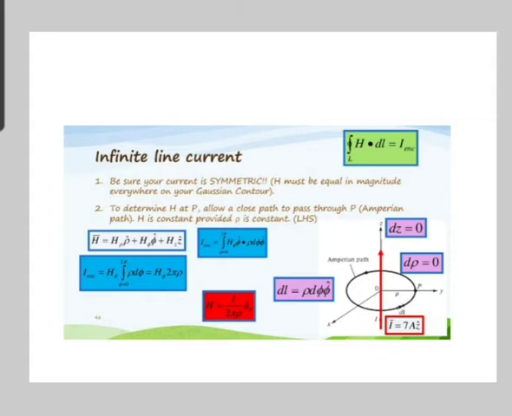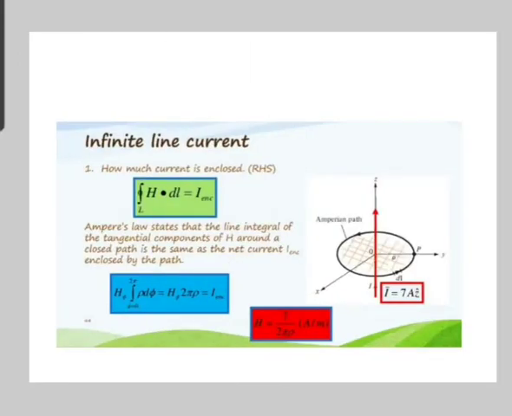So here the equation for H bar and the integration of H is given. As the current I is passing in the positive y direction, and this current sheet consists of a large number of current carrying filaments, the direction of the magnetic field intensity can be determined according to the right hand rule, and here all the components of H bar along the z axis will be cancelled, that is Hz is 0.